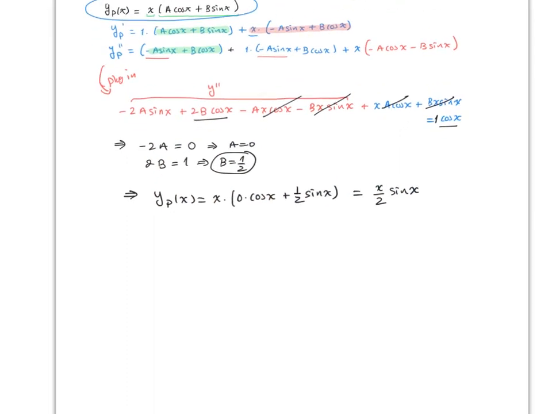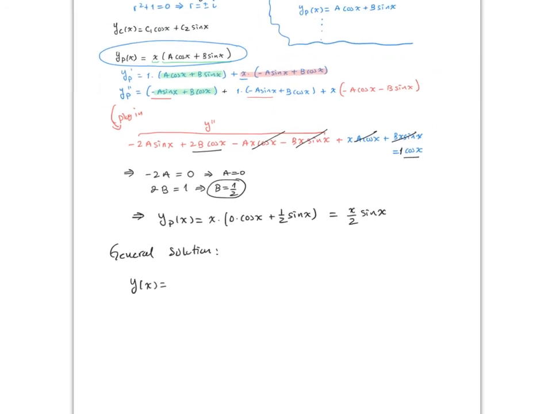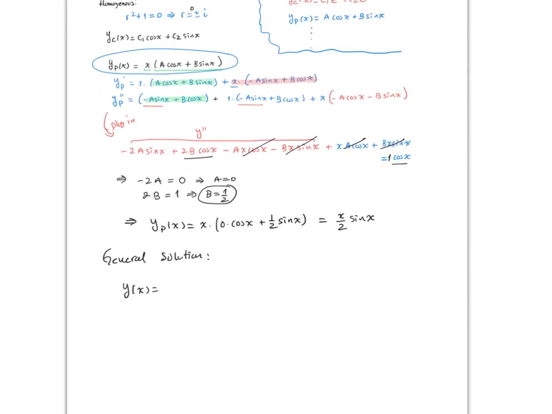Therefore the general solution will be y of x. It should be the homogeneous, which is c1 cosine x plus c2 sine x, plus the particular, which will be x over 2 times sine x. And that's it.